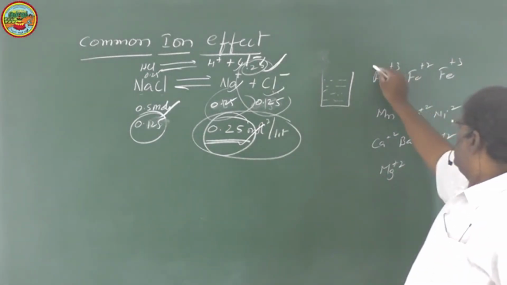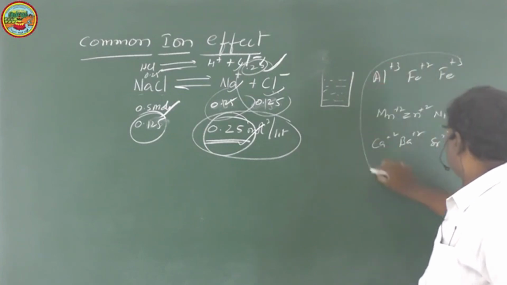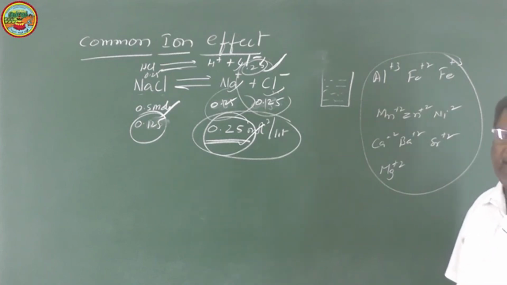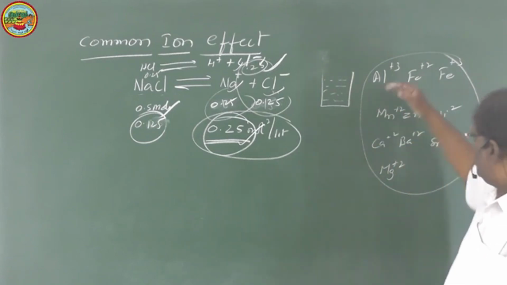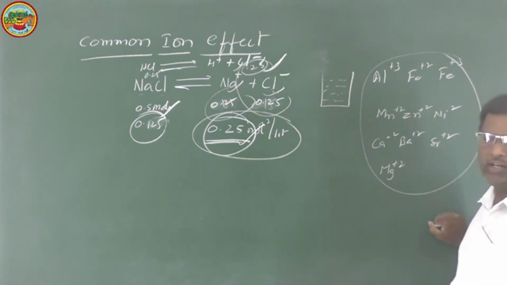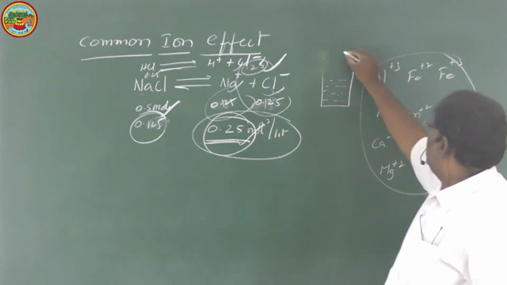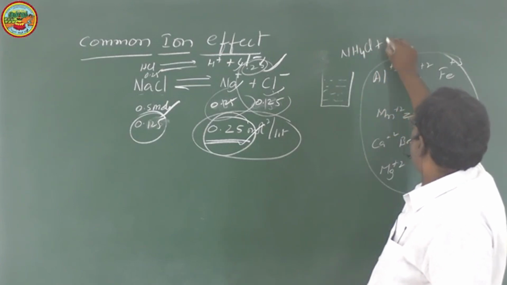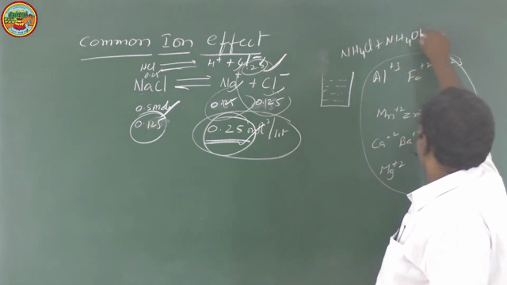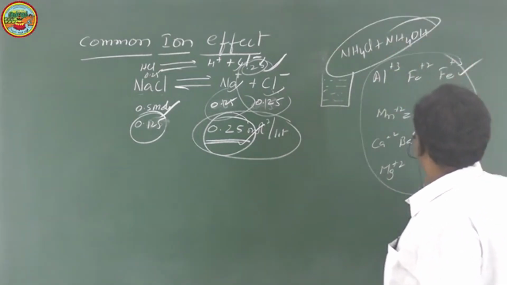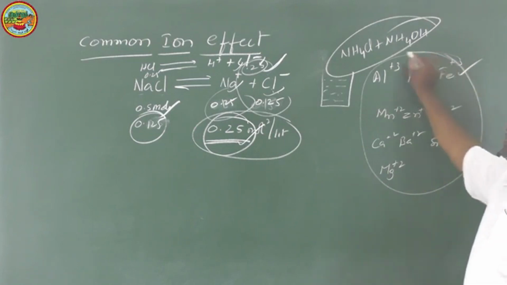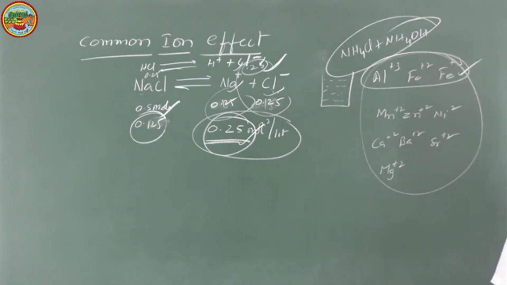Now, all these cations can be precipitated out as hydroxides if we add NH4OH to it. But to separate each one, first we dissolve NH4Cl, which decreases the ionization of NH4OH, so that only a little amount of hydroxide is evolved, so that only these three can be separated out.